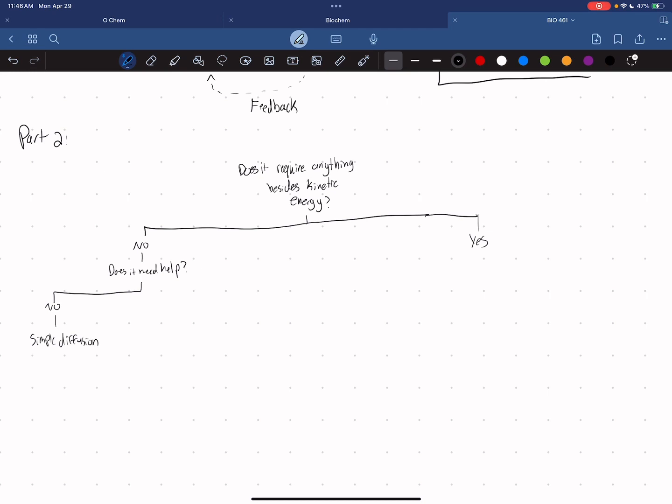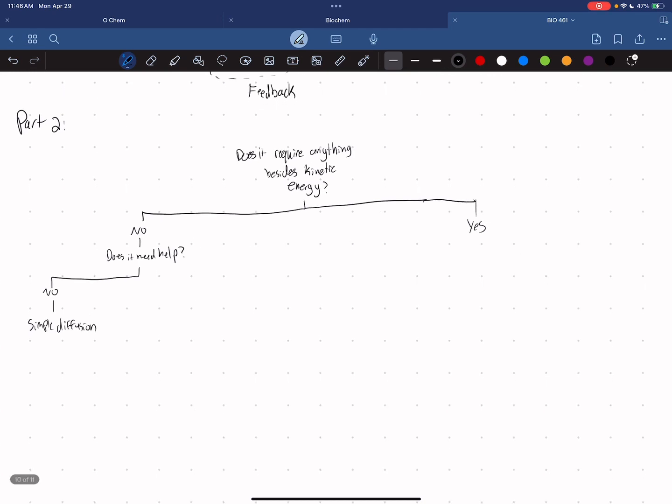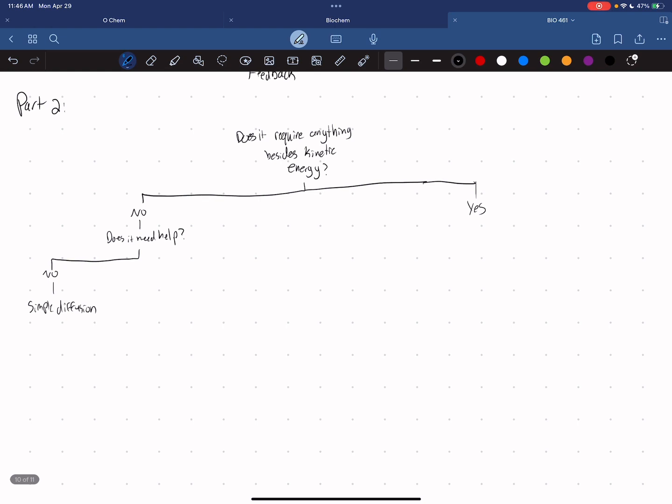This name makes sense because it is the most simple type of diffusion, where the ions will go from high concentration to low concentration. Some examples of ions that will undergo simple diffusion are CO2 and oxygen.